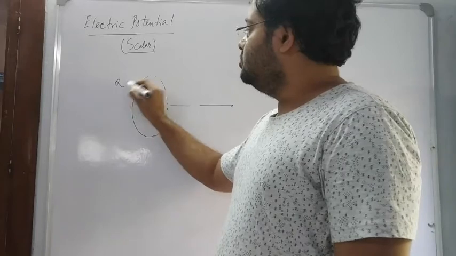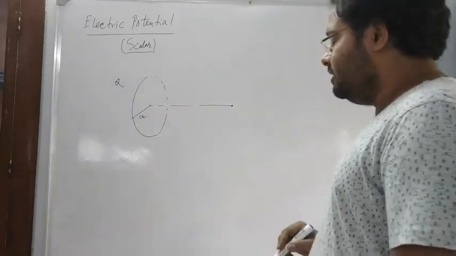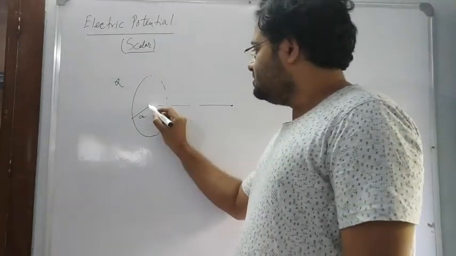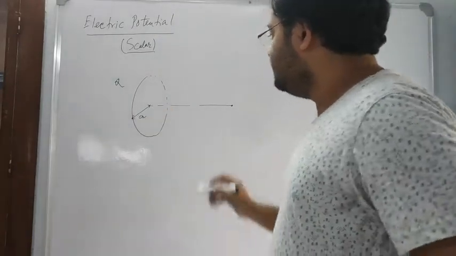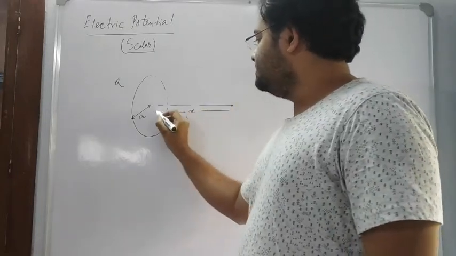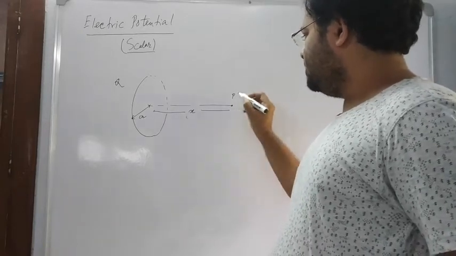Say total Q charge is given to the ring of radius A. This formula is given in the study material. This is Q, this is A, and say this distance is not Z, this distance is X. So you are supposed to find potential at P.